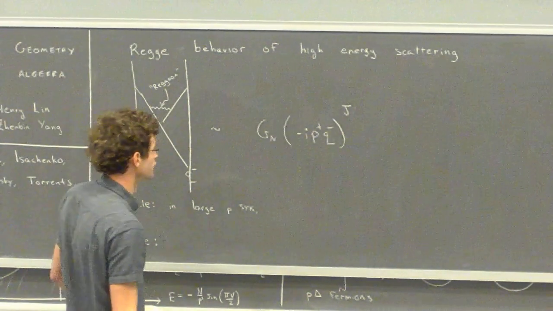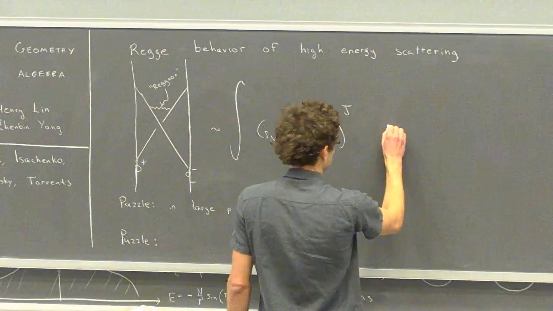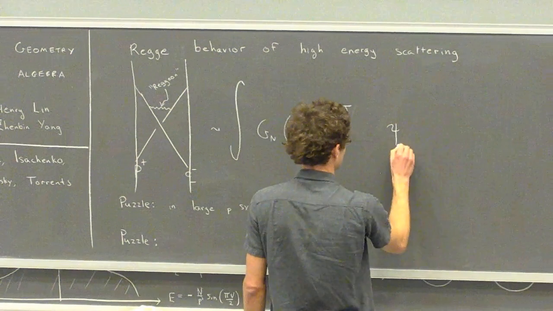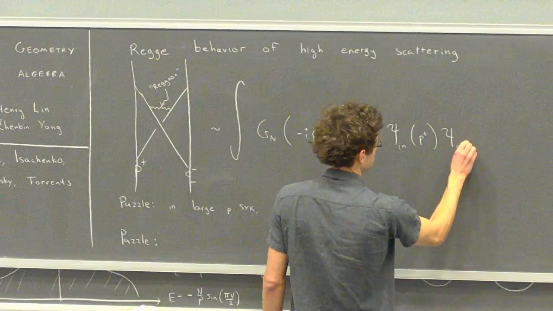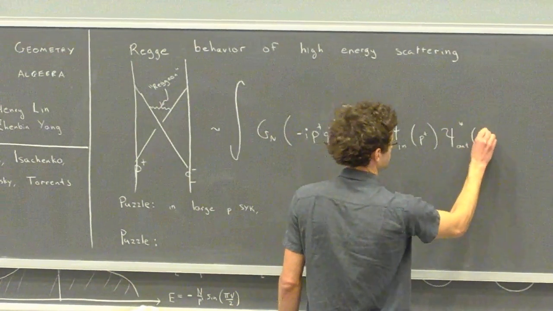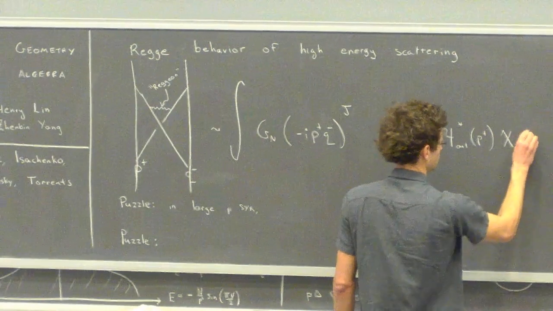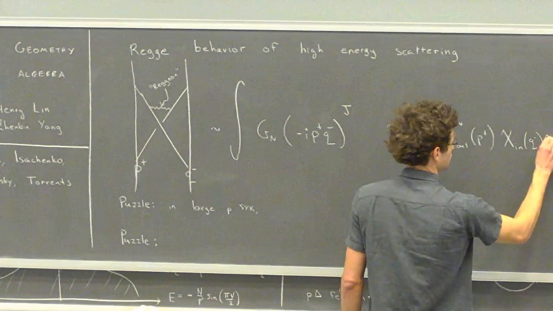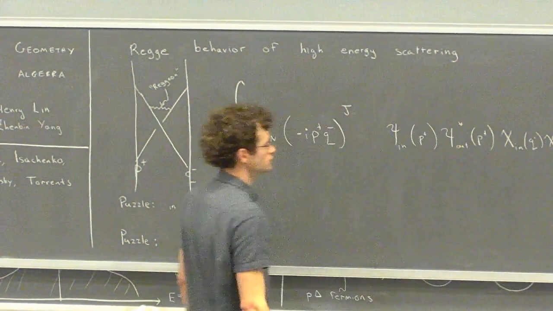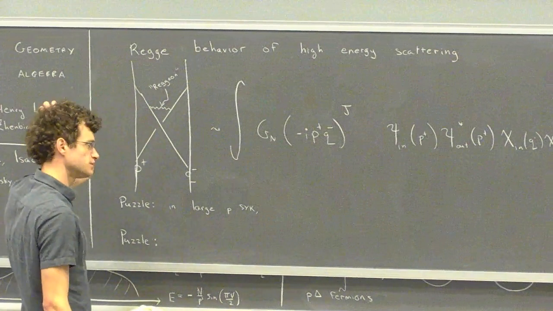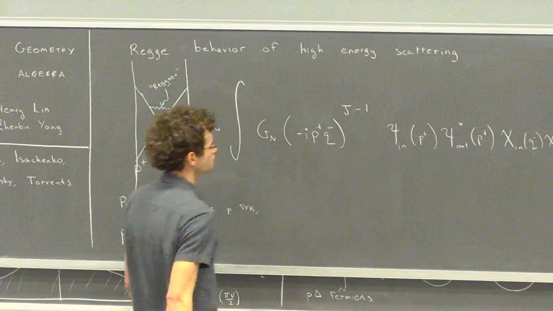To compute the full correlation function, we would integrate over momenta with some wave functions, psi in of p plus, psi out star of p plus, and some chi in of q minus, chi out star of q minus. We would integrate this expression over p plus and q minus, and we will put a minus 1 here.